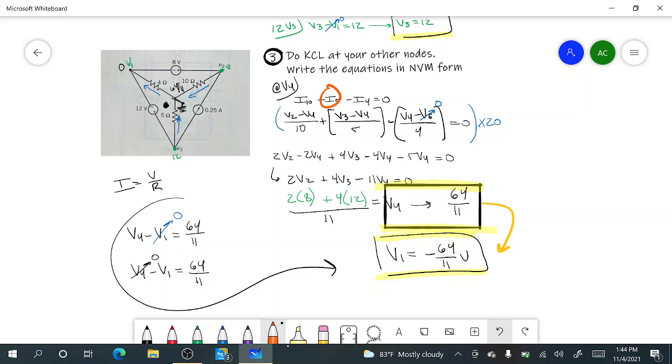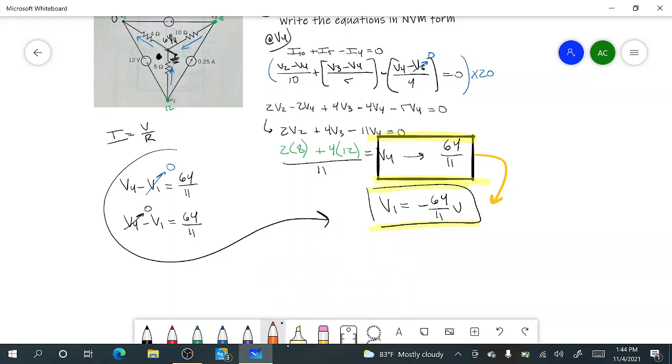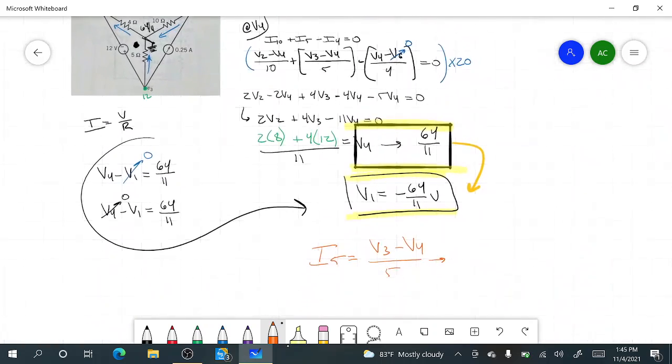So I can easily just say I5 equals V3 minus V4 over 5. I know V3 is 12. V4 was 64 over 11 from my rendition, divided by 5.